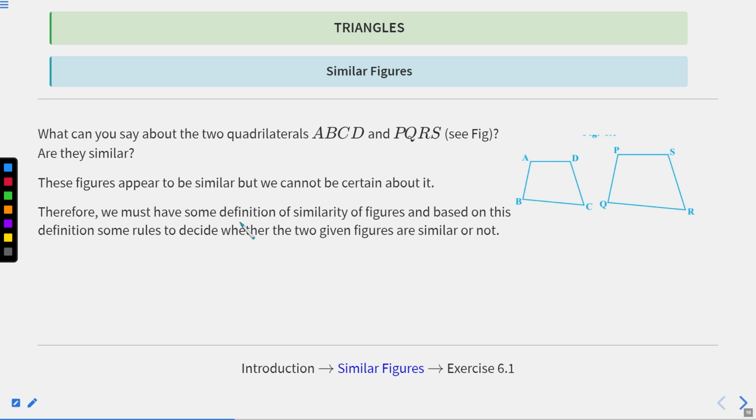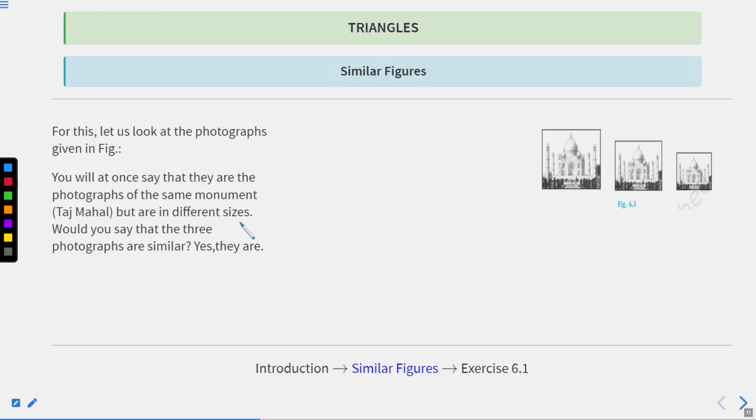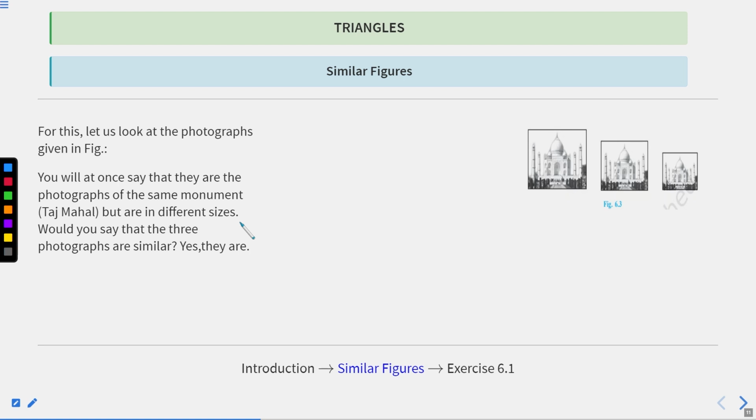For this, let us look at the photographs. Here we have photographs of the Taj Mahal. You will at once say that they are photographs of the same monument, the Taj Mahal, but in different sizes. Would you say that the three photographs are similar?